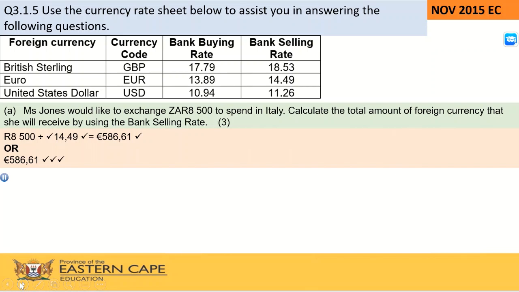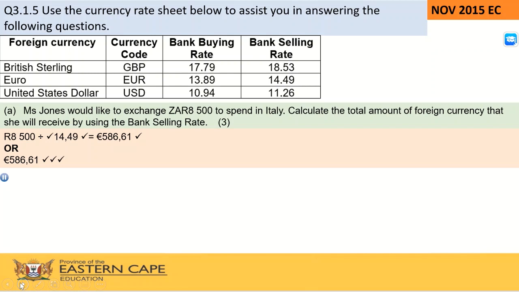Let's see if we were right. 8,500 rand divided by 14.49 will give you 586.61 euros. I just want to draw your attention to the placing of the ticks in the answer on the screen. The first mark will be awarded if you divide, show that you are dividing.